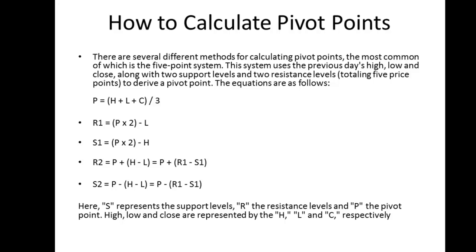Everybody on the floor knew where they were, and when they got close to those levels, the traders would respond accordingly. Sooner or later, those so-called secrets came out, and now everybody pretty well knows those formulas, and they're referred to as the floor trader pivots.